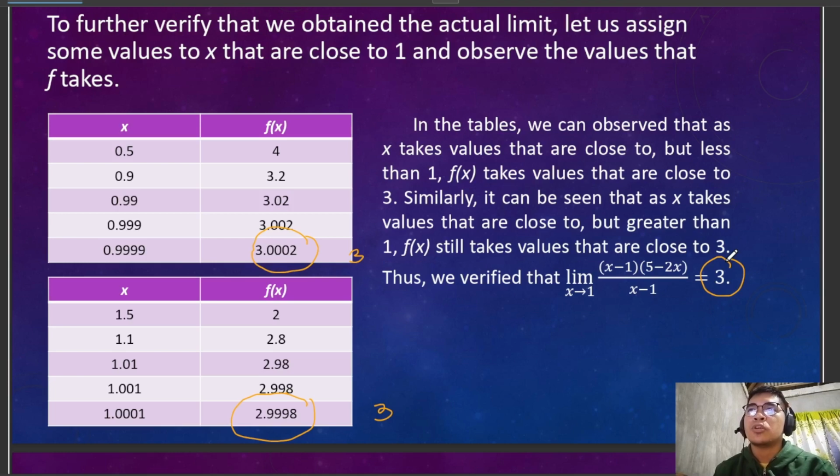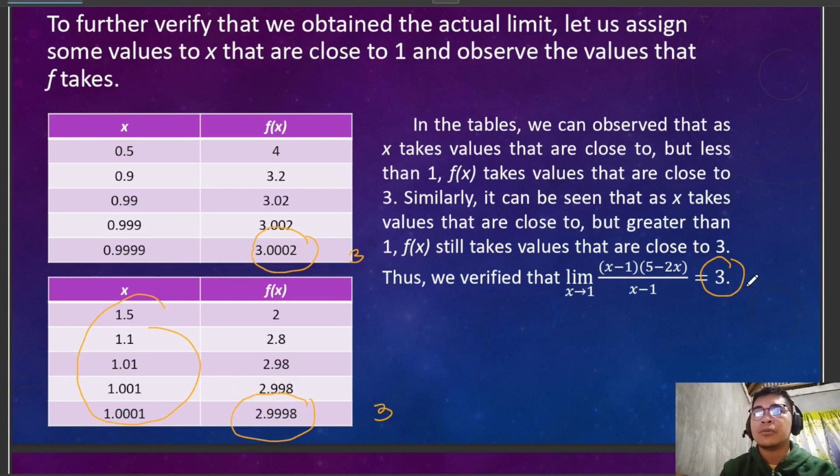Right? So we can observe in this table that as x takes values that are close to a, close to but less than 1, the values are close to 3. And on the other hand, as x takes values that are close to but greater than 1, in this area, the values also are close to 3.